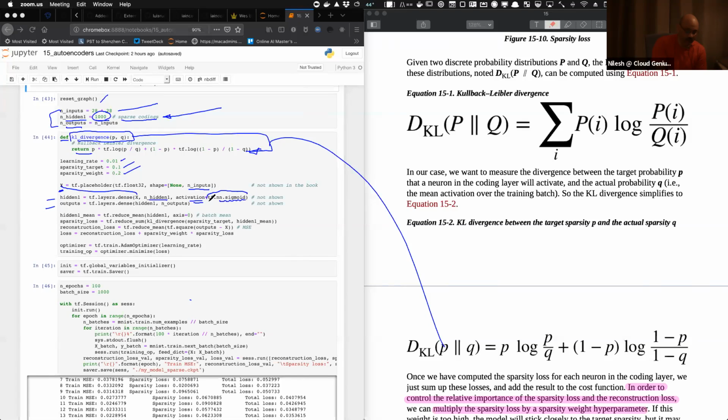This is necessary. It is not shown in the book, but the underlying idea of using a sigmoid function is that you want to make sure that the values are not actually 0 or actually 1, but somewhere in between.